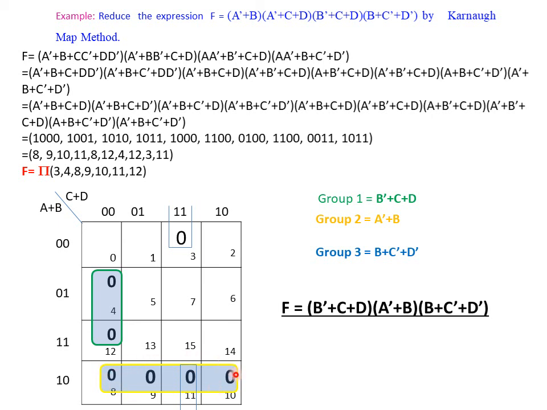These 4 zeros are grouped into one cell, and these 2 zeros are grouped into one cell, and these zeros we can group to make 2 zeros and 2 cells. So now the answer is B bar plus CD, here the answer is A bar plus B, here the answer is common as B plus C bar plus D bar.